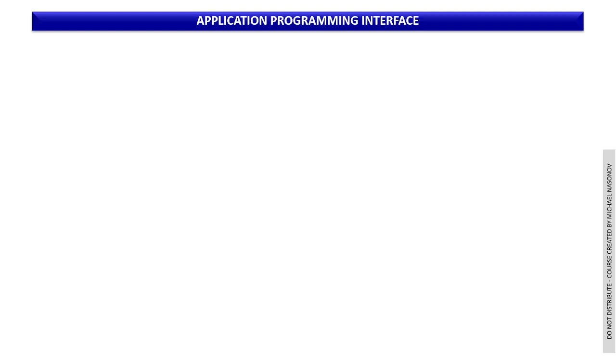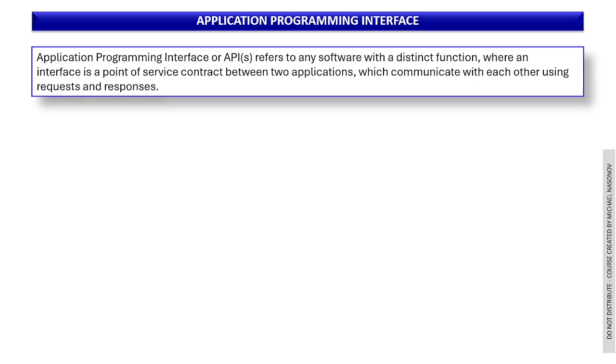Application Programming Interface, or APIs, refers to any software with a distinct function, where an interface is a point of service contract between two applications, which communicate with each other using different request and response types.